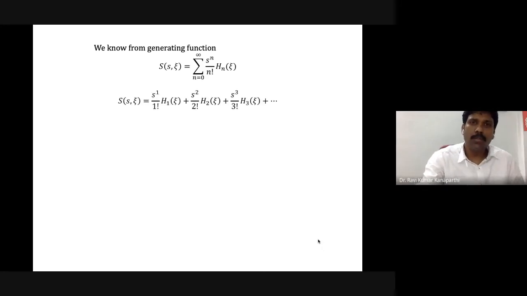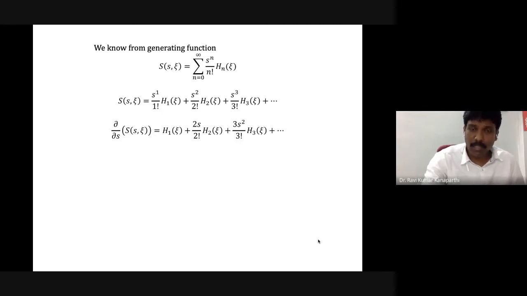Now, this generating function I can basically expand like this. You can substitute n is equal to 0, 1, 2, 3, and so on. You can substitute whatever you want, but those are not what we want. What I'm interested in is evaluating the first derivative of the generating function. What is the first derivative of the generating function?